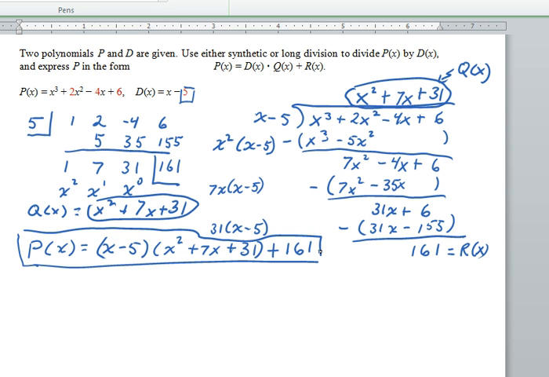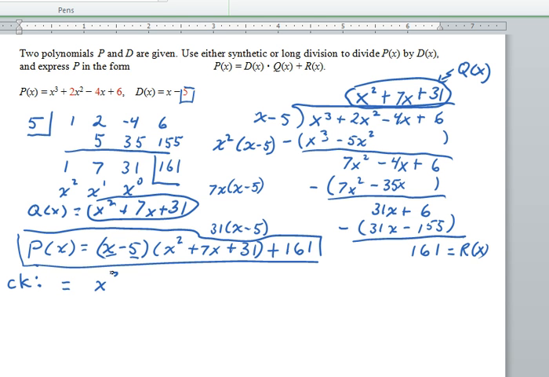Now, I said this is a good way to check our division, and notice that if I actually do this multiplication and multiply x by each of the 3 terms in the trinomial, and negative 5 by each, and then add the 161, I should actually get p of x back. So here's how you could check.